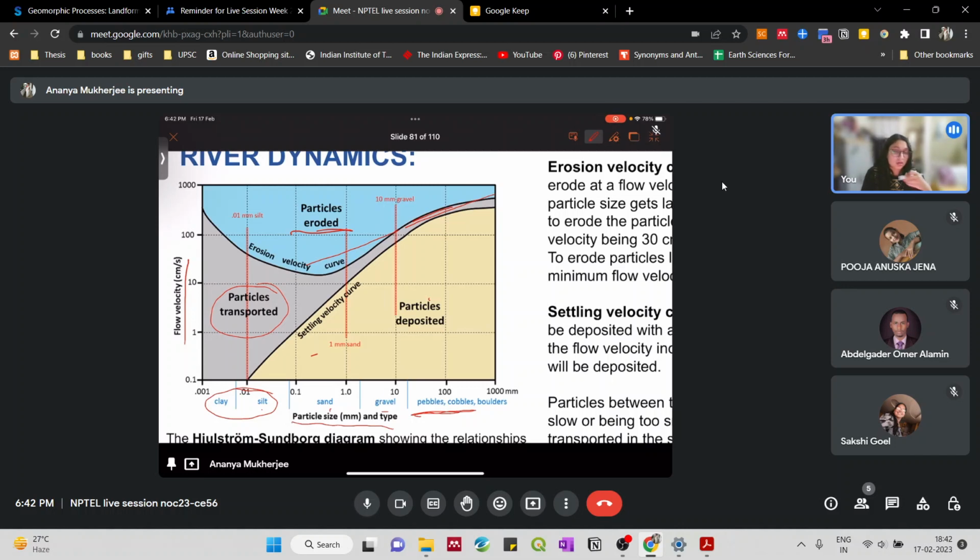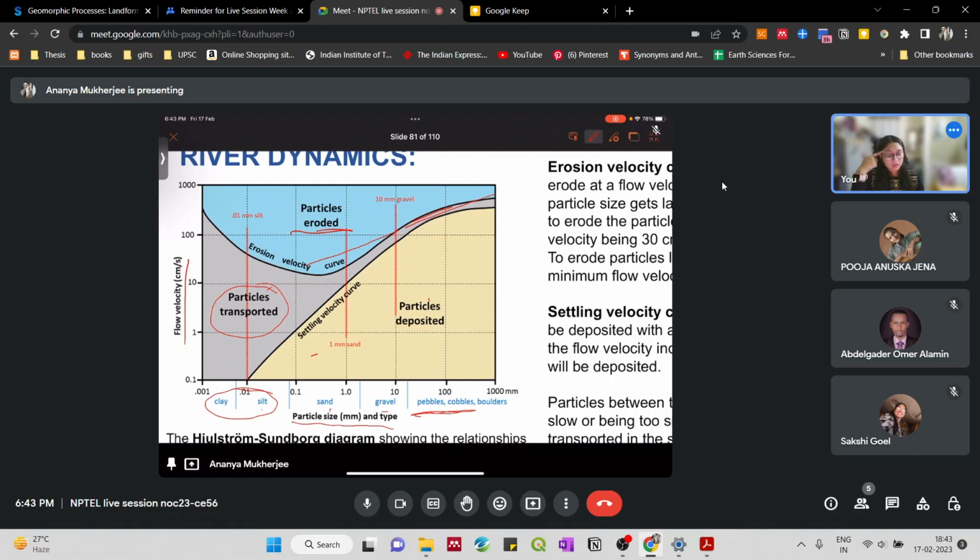With this diagram, if you try to understand how the river channel is going to act at a younger stage, it will mostly be transporting. It has moderate velocities, it will transport and it will erode all the particles, and it will hardly deposit anything.